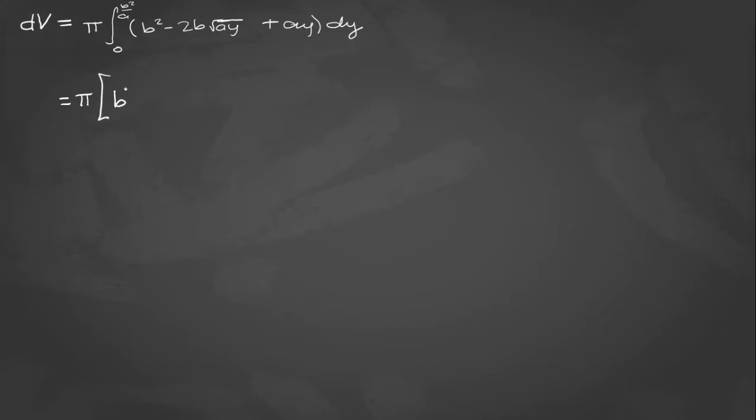This will become b squared y, and this will become minus 2b squared of a integrated from y, the integral of y raised to 1/2 dy, plus the integral of ay, which is a y squared over 2, evaluated from 0 to b squared over a.